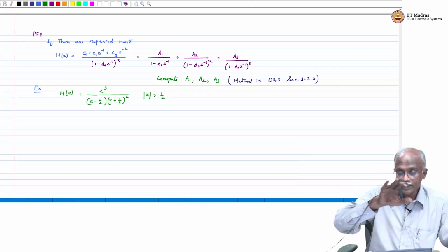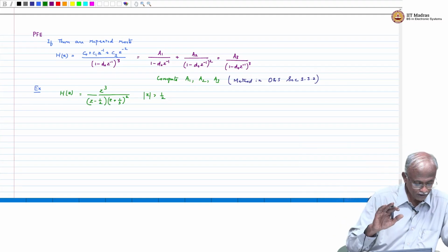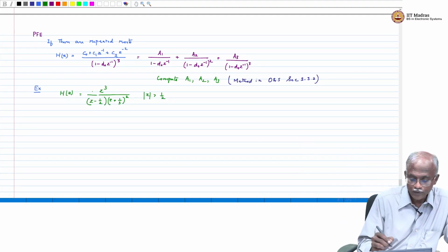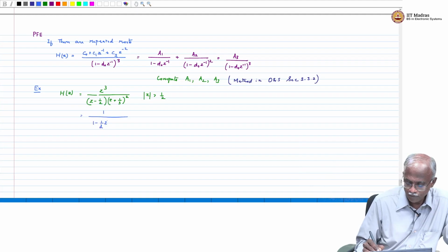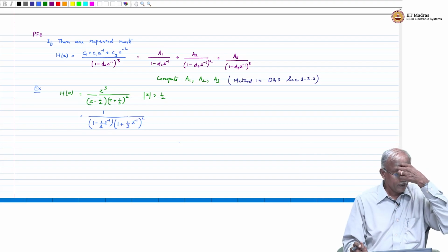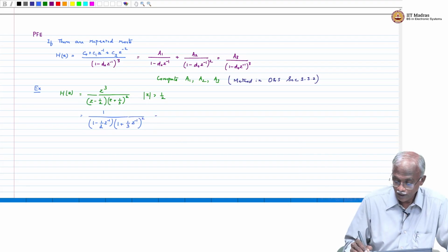That is an indication that this is going to be a right-sided sequence, and now we need to find a way to solve this. So let's write it in powers of z inverse. This can be written as 1 minus 1/2 z inverse, times 1 plus 1/3 z inverse the whole square. I'm going to ask you to write the partial fraction expansion.